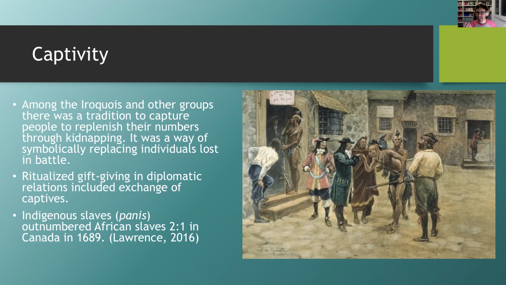Even though it was technically forbidden to enslave indigenous people in Canada, there was nothing said that you couldn't acquire an indigenous person that was already a slave. So people took advantage of this loophole, and there were a lot of indigenous slaves living in Canada.